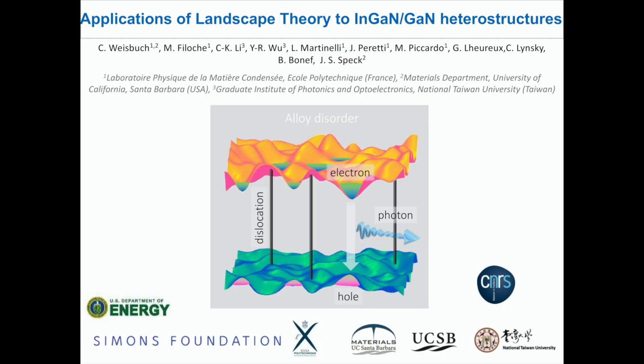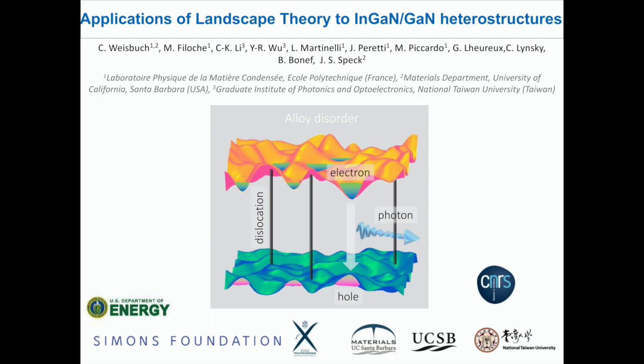You have a disorder for electrons, and you have disorder for holes, and you have photons emitted, and I will try to walk you through all of these. And you see that we have quite a number of collaborators here from École Polytechnique in France. This is from University of California at Santa Barbara, and also from National Taiwan University, doing the simulations.